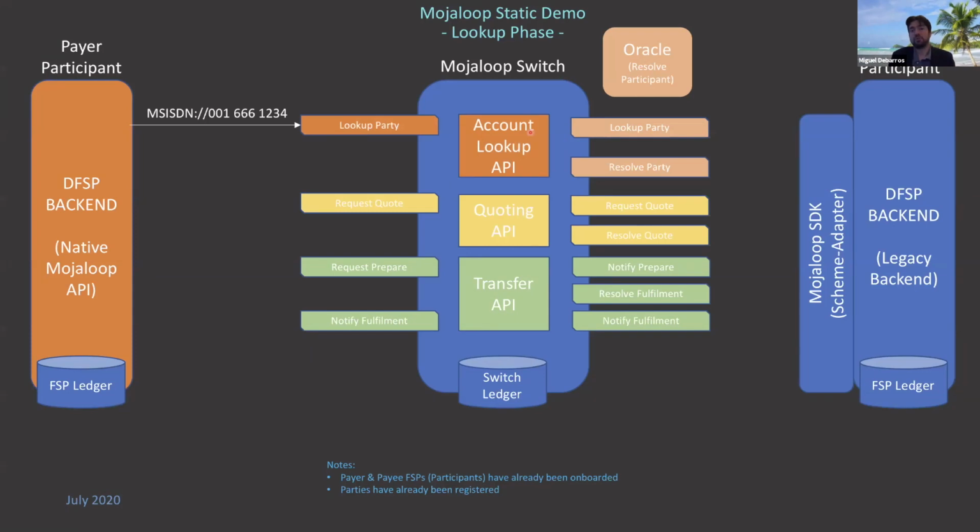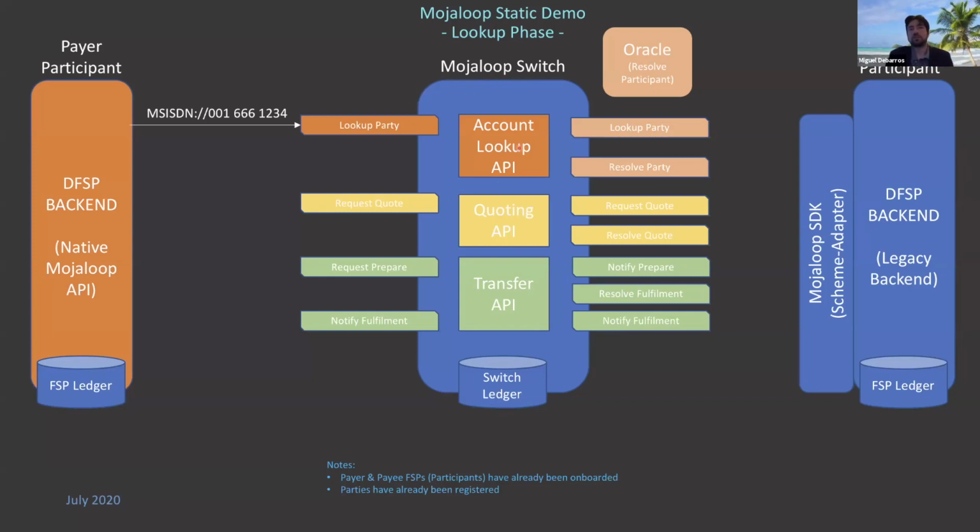And it also provides a pluggable architecture where one can introduce as many oracles as they want, independent of the account lookup service, and register them for certain party identifiers. So for example, there could be an oracle that's registered for MSISDNs, etc. There could be another one that's registered for account lookups, etc.